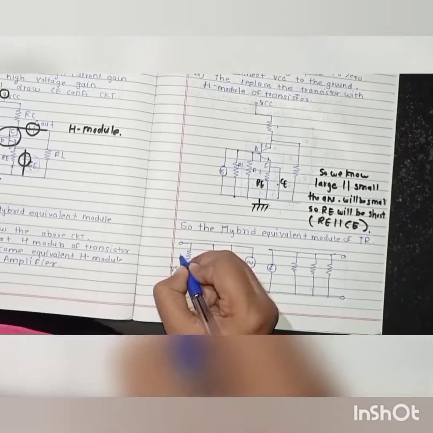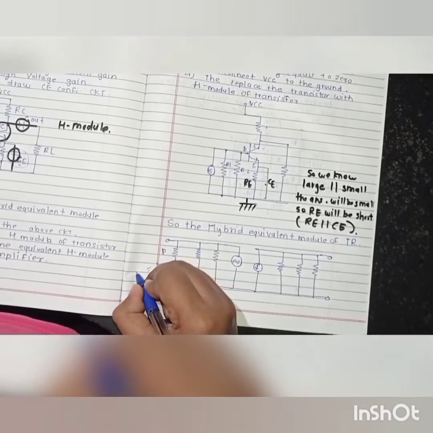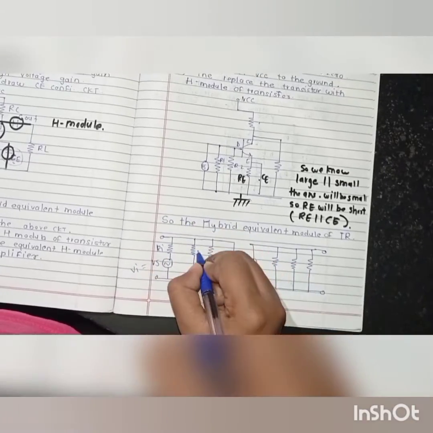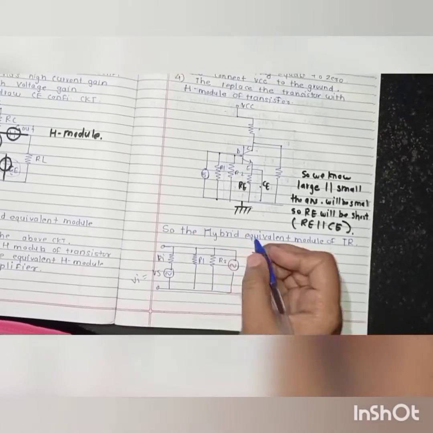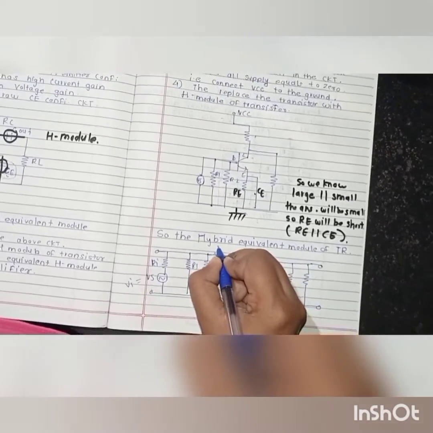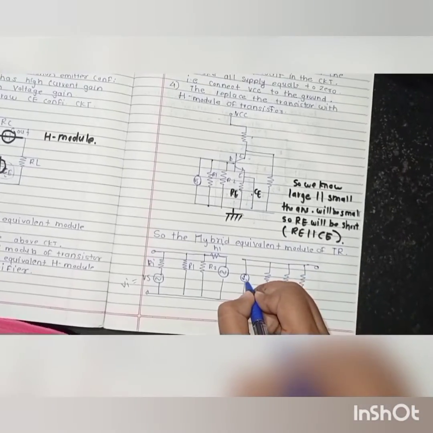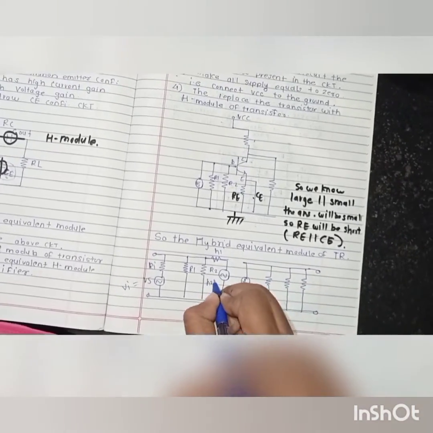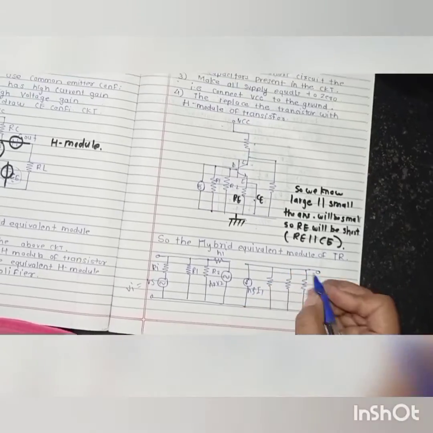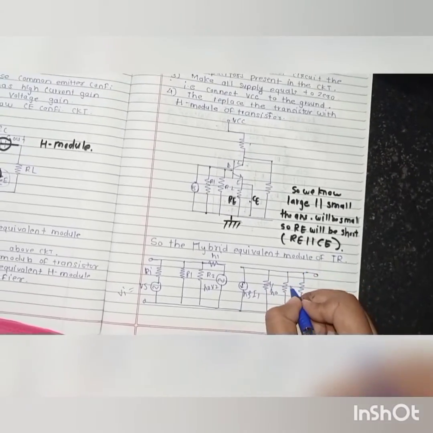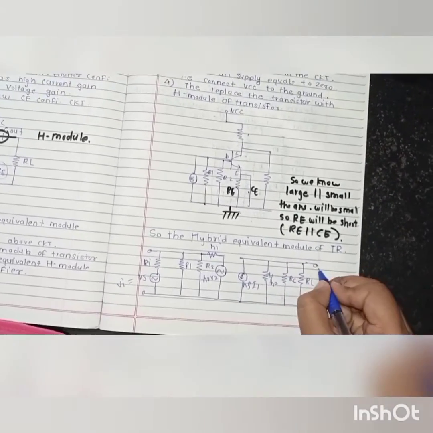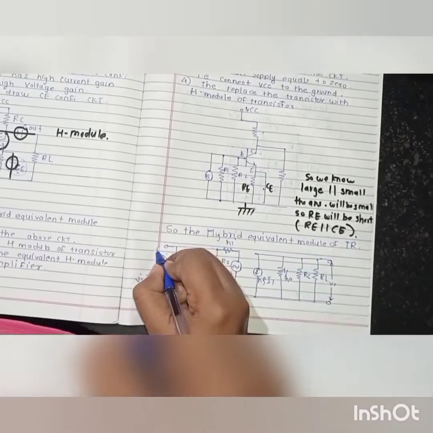this. This is Vs, Vs is equal to Vi, and this is Ri, this is R1, R2, sorry, here is hi, this is hr V2 and hf I1, this is 1 upon ho, this is RC and load resistor RL, this is V out.